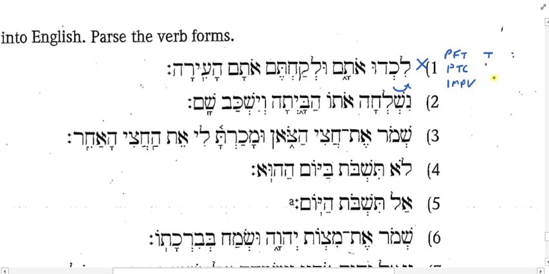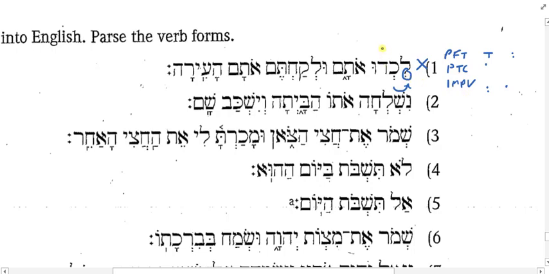The imperative, what's my vowel pointing? Vocal shva, and then if I have a vocalic ending, a hiriq. Pekod, pikdi, pikdu, and then pekodna. So pe pi pi pe. All right. So what do I have here? Well, I have the pik kind of vowel pointing, right?